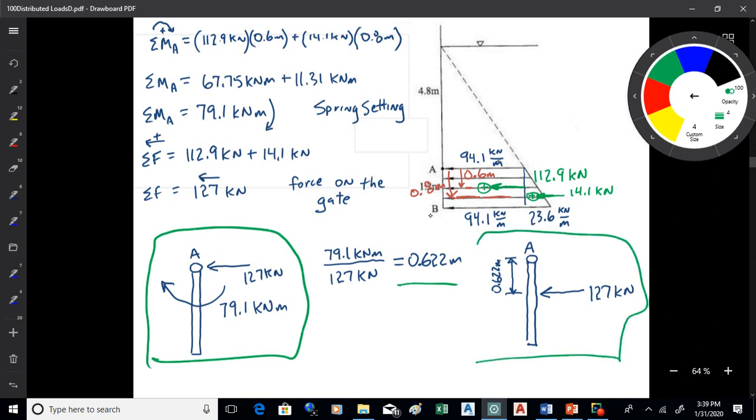So there's another way to look at it. There's the moment about A caused by the force. But that's kind of the bottom line there when I design that thing, or part of it anyway, when I design that hinge. Those are the factors I'm going to be looking at. So I'll set that spring on the hinge such that it will open when there's a moment of 79.1 kilonewton meters. Okay.